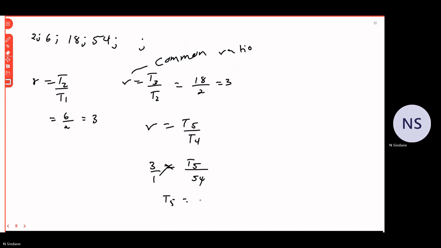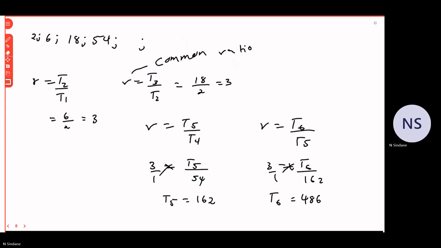Then if you want to calculate your T6, you'll say r is equal to T6 divided by T5, where 3 is equal to T6 over 162 divided by 1, cross multiply. T6 is equal to 162 multiplied by 3, 486. That is how you can calculate the next 2 terms. In this case, you have 162 and 486.